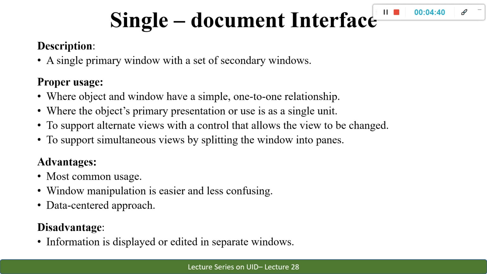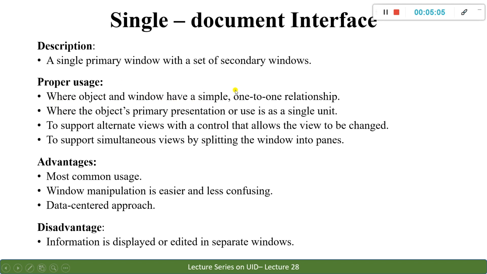So they are called single document interface. All the windows will have a small amount of display of theirs on the primary window itself. What is the proper usage of such a single document interface? The proper usage is where the object and window have a simple one-to-one relationship. You click on it, it is visible, only that much.